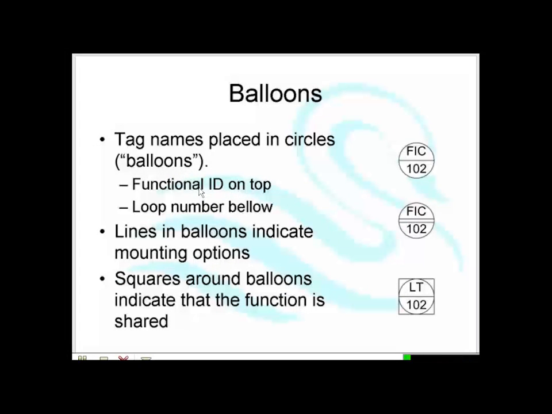We place tags inside what we call balloons. It's called a balloon because it can get bigger. So if you have a big tag, FICR, rather than trying to fit it inside a nice little circle, you can let your balloon get bigger so that it can inflate, you see, and everything can fit in nicely.